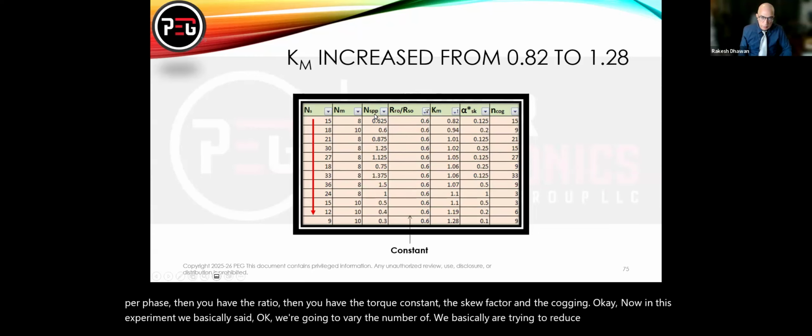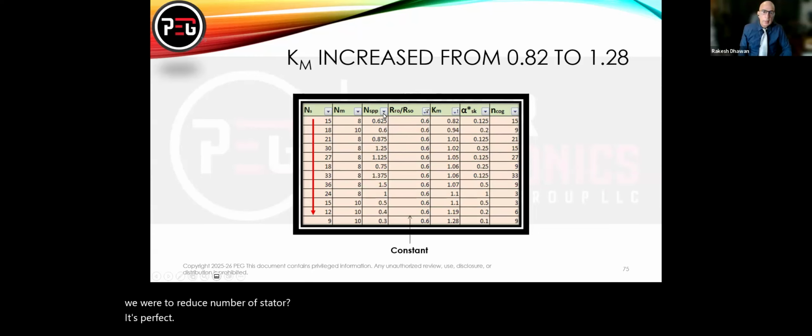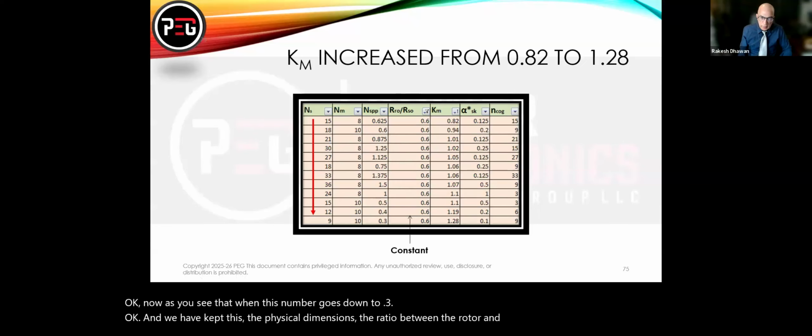What happens if we were to reduce the number of stator slots per pole per phase? Okay. Now, as you see, when this number goes down to 0.3, we have kept the physical dimensions, the ratio between the rotor and stator, the same.